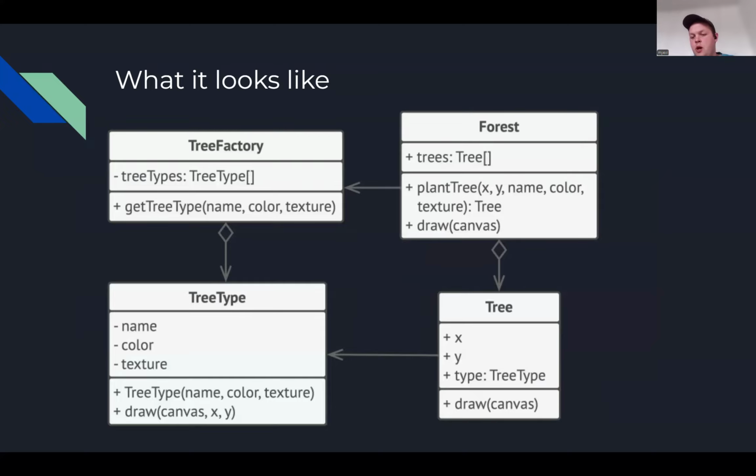So right here, we moved all of that core data into the tree type. It has the name, color, texture, and we have all the other variables that change depending on the tree in the tree itself. So instead of rendering 300 trees with all that information, we're only having like 3 or 4 tree type objects with 300 or more trees with individual data.